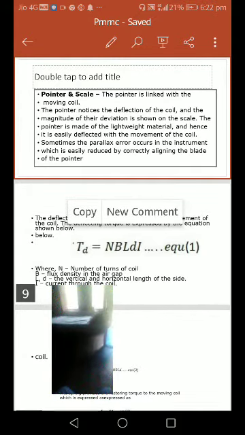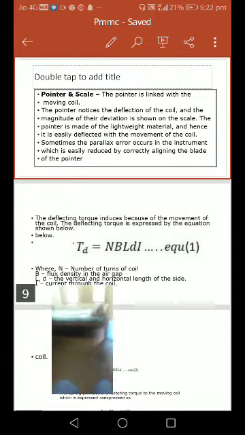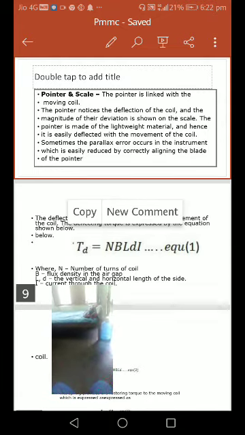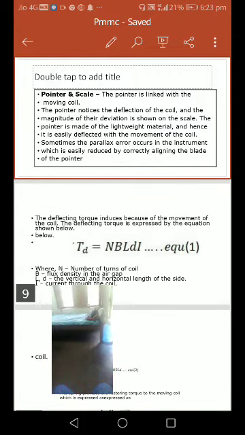The pointer notices the deflection of the coil, and the magnitude of the deviation is shown on the scale.